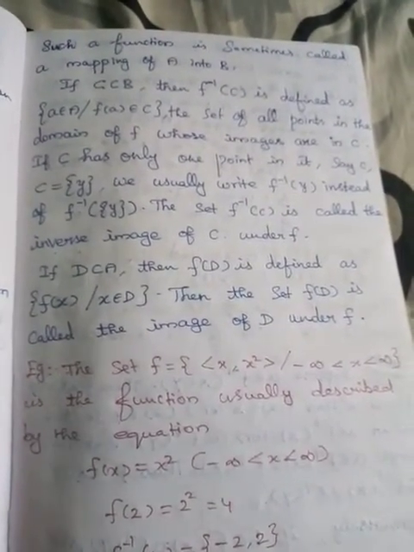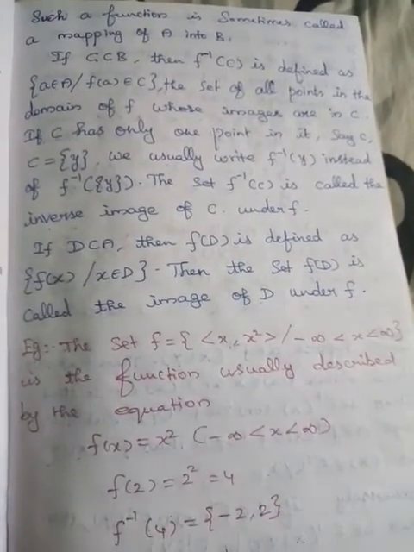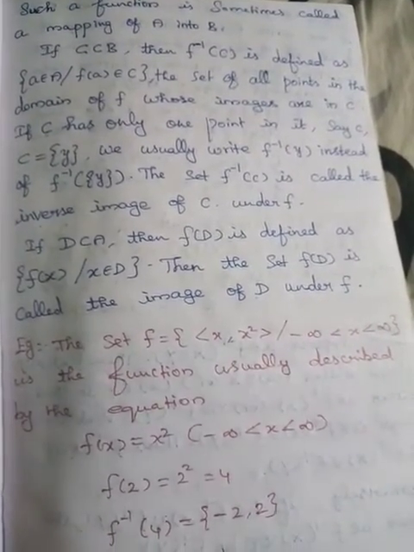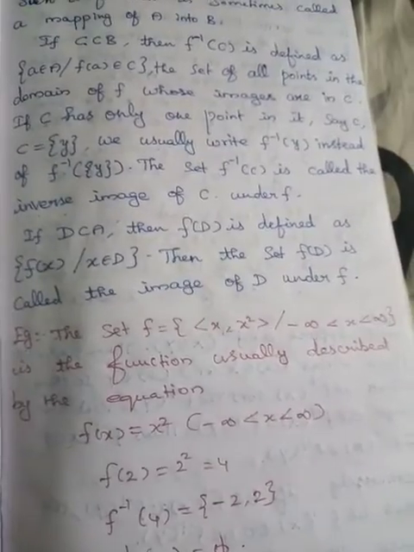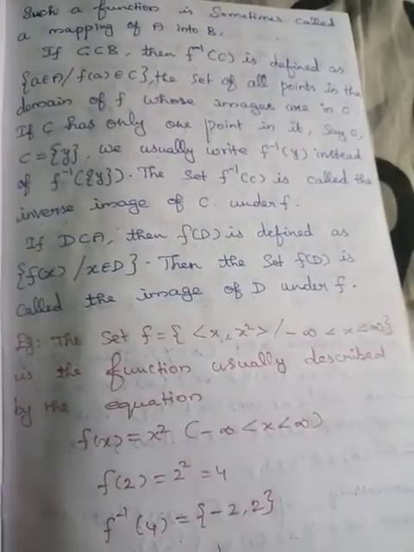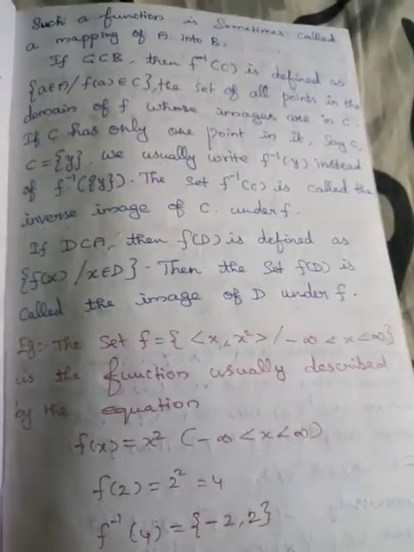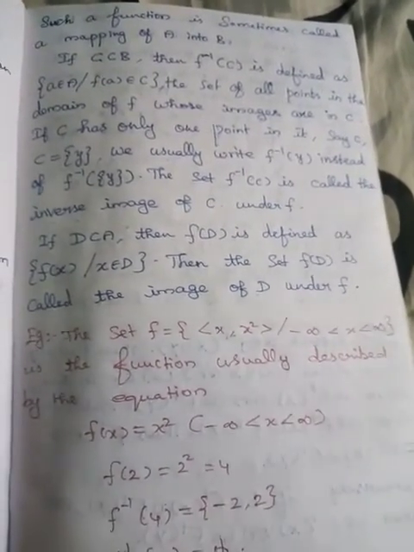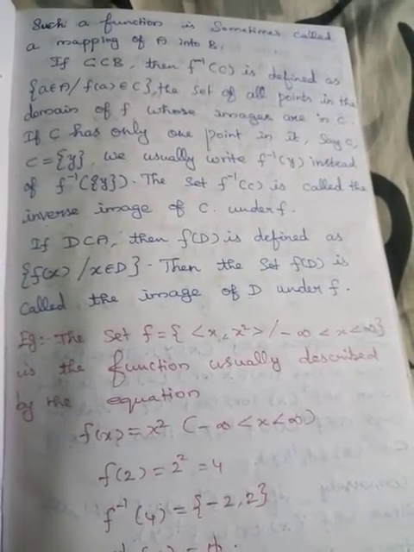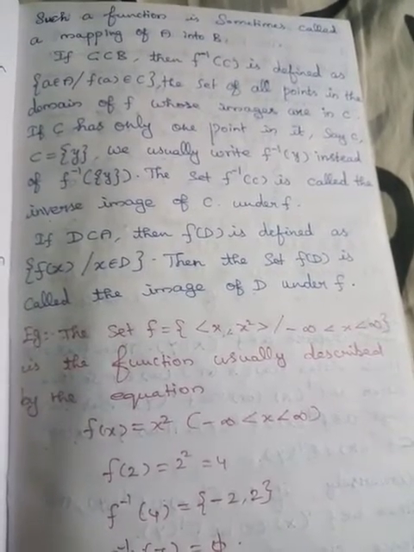If C is contained in B, then f inverse of C is defined as the set of all a belonging to A such that f(a) belongs to C, the set of all points in the domain of f whose images are in C. If C has only one point in it, say C = {y}, we usually write f inverse of y instead of f inverse of {y}.